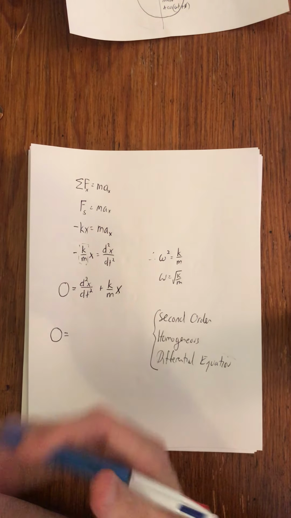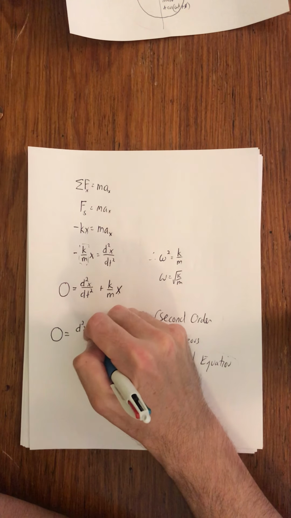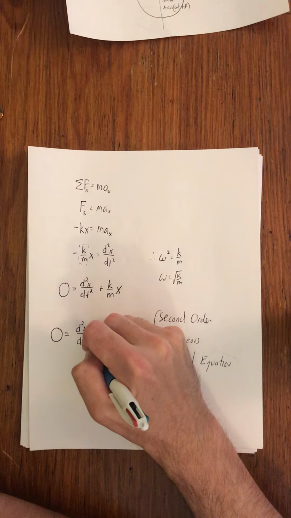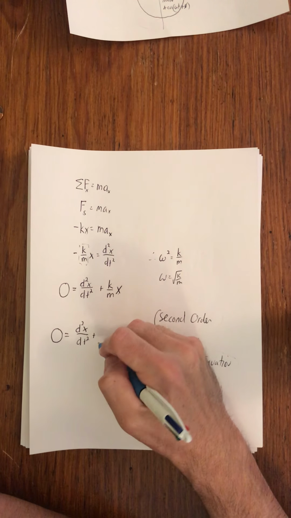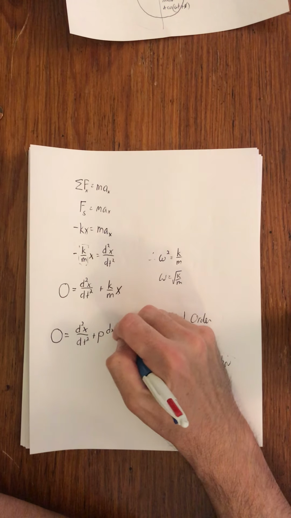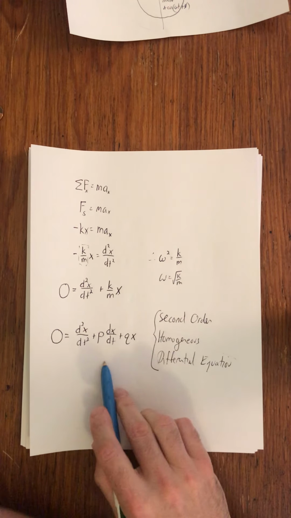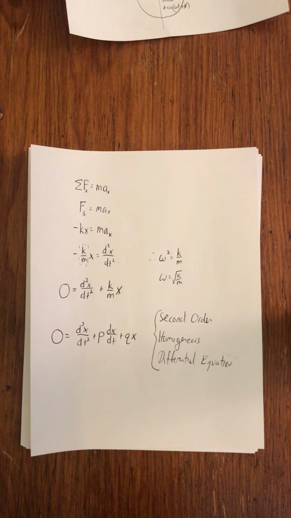We'll do this as an equation of x. The standard form looks something like this: d squared x dt squared plus p dx dt plus qx. This is what's called the standard form of a second order homogeneous differential equation.